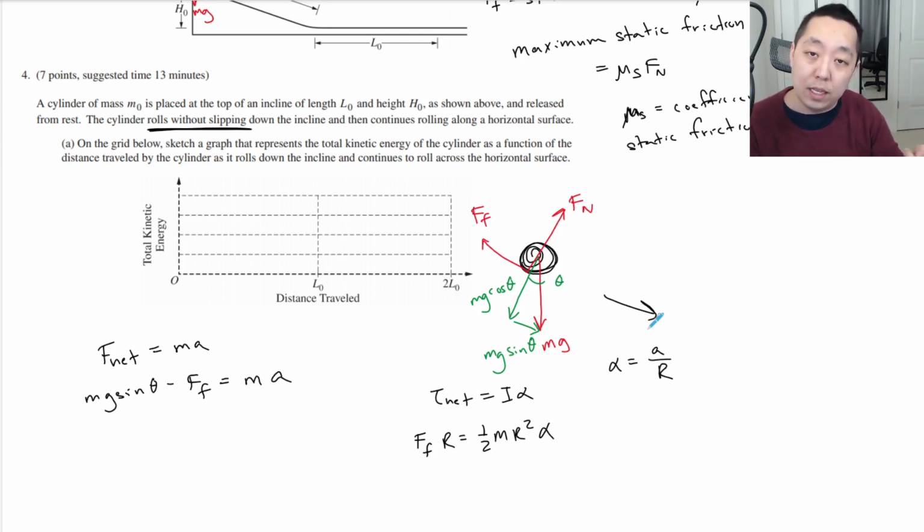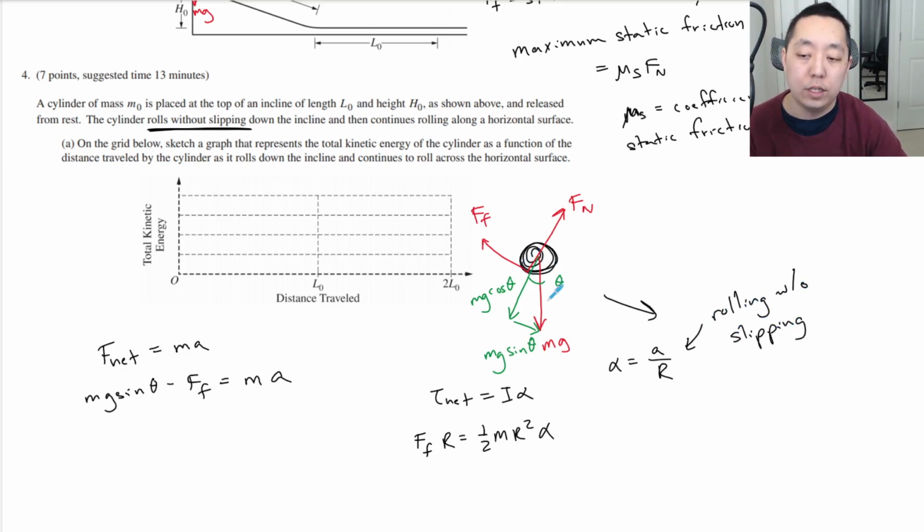The wheels spin, but there's no translational motion. It's just burning against there. So alpha and a don't necessarily have this relationship, only when it's rolling without slipping. And I'm talking about the acceleration at that point there.